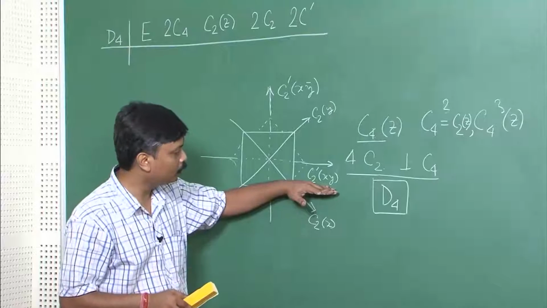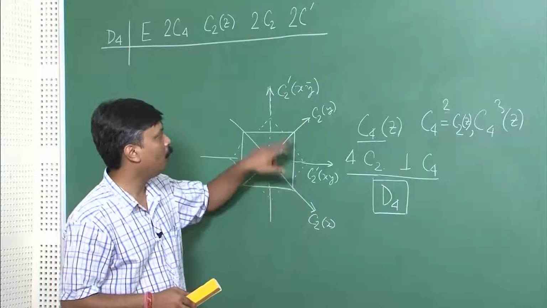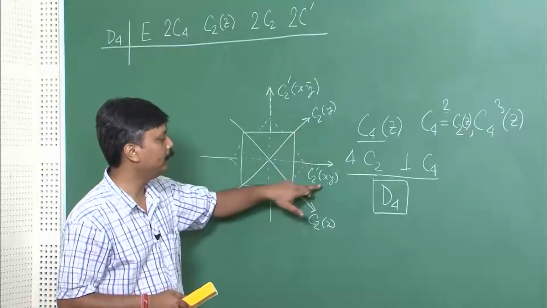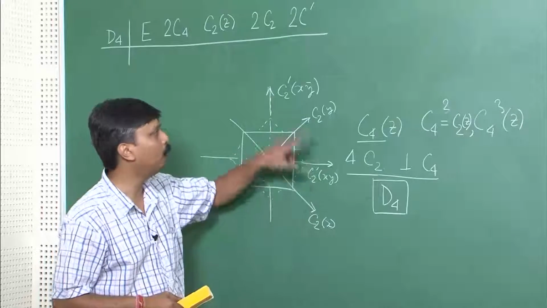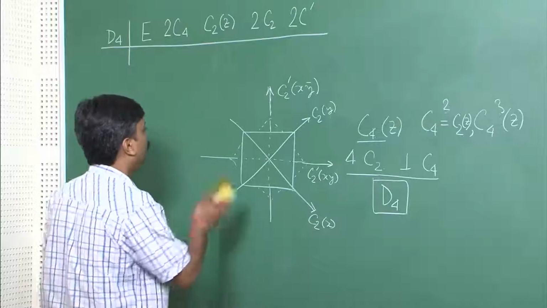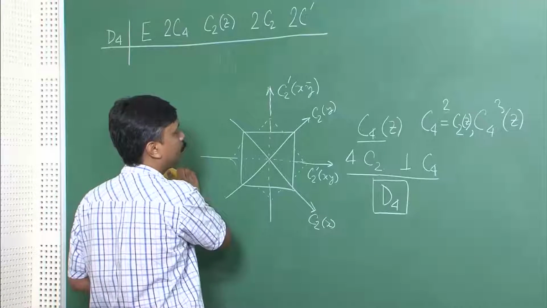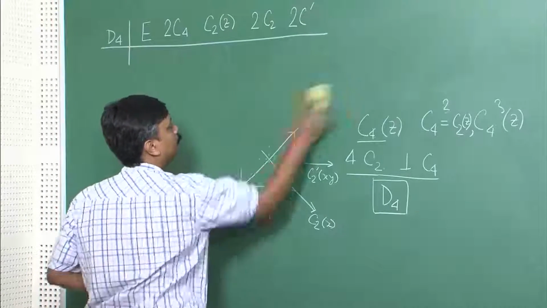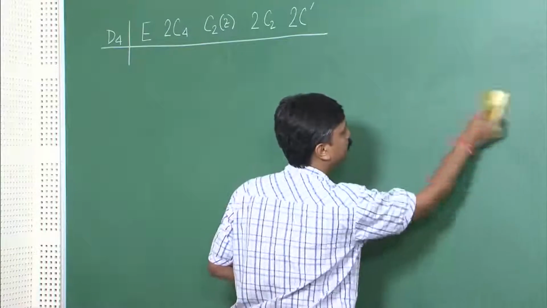So we will look for only one of these, either C2x or C2y. Similarly, here we will only look for C2 prime xy or C2 prime xy bar. So, having this idea, let's try to form the character table.